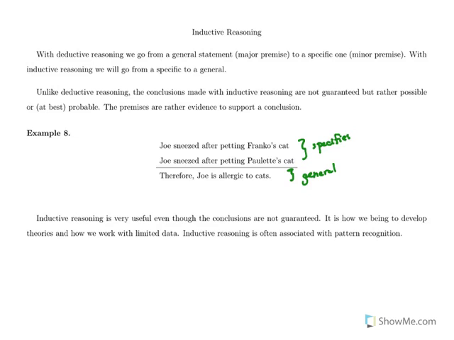It's also useful if we have limited data. We often think about inductive reasoning as pattern recognition. You're given some evidence as to why a pattern might be true, maybe a number pattern or something in your everyday life. You use that evidence to say something about the next number or the next day.